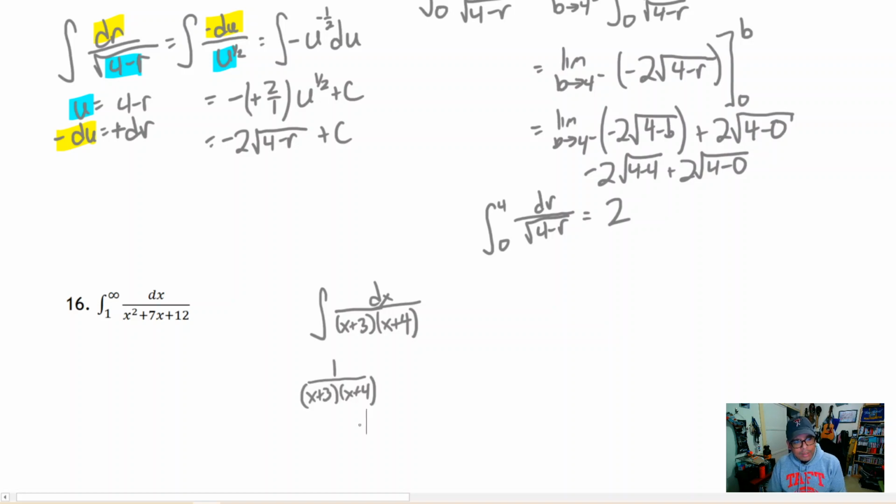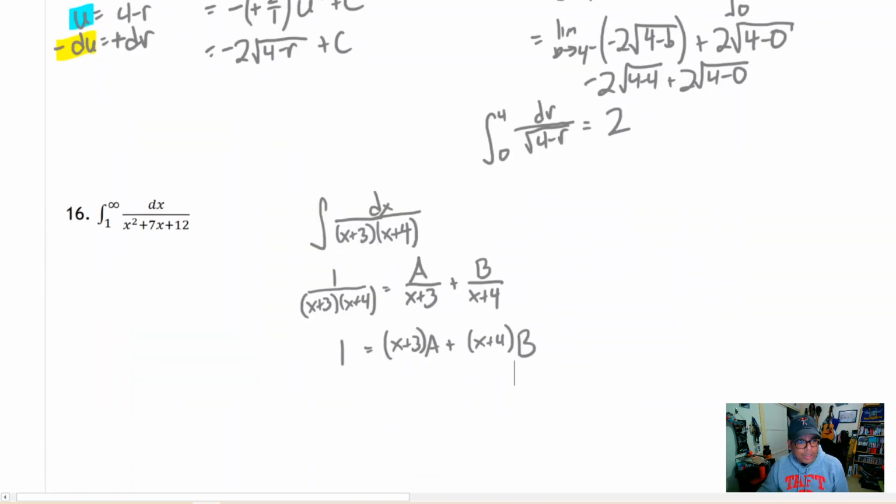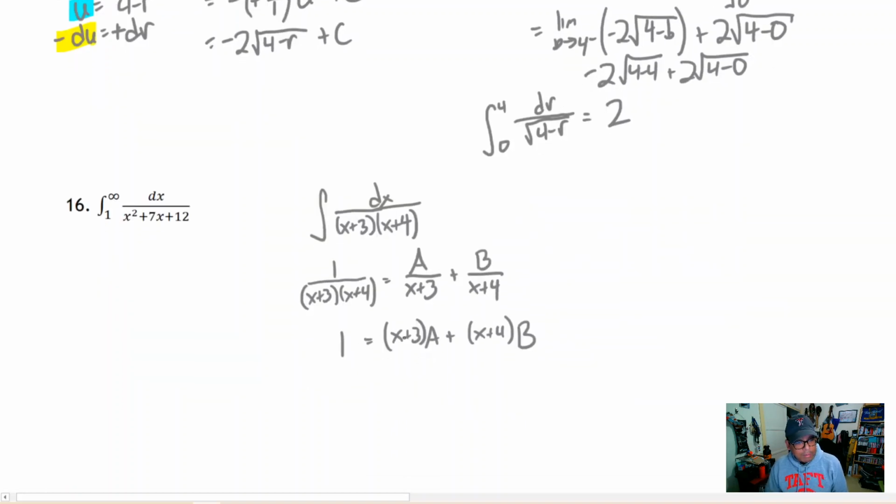So 1 over x plus 3, x plus 4 equals a over x plus 3 plus b over x plus 4. Putting everything over a common denominator, we get 1 equals a times x plus 4 plus b times x plus 3. Our first convenient x to substitute is x equals negative 4, which yields 1 equals a times negative 4 plus 4, plus b times negative 4 plus 3.